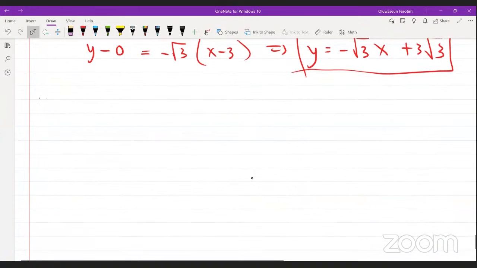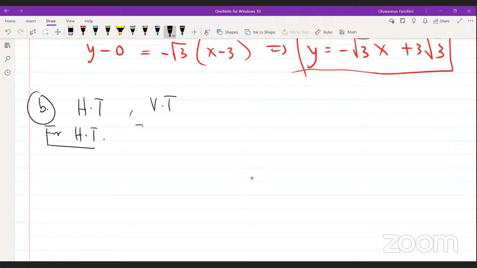Now let's go to the second part of the question. It was asking us for the horizontal tangents or the vertical tangents. Remember, guys, how do we get the horizontal tangent, and how do we get the vertical tangent? For the horizontal tangent, you have to set dy/dt to be 0.